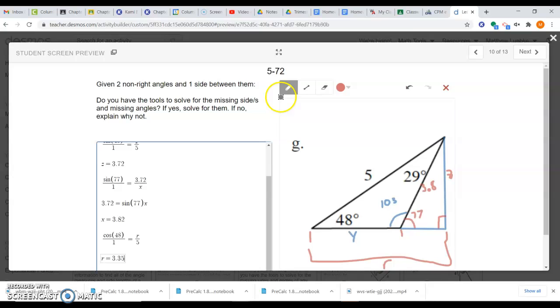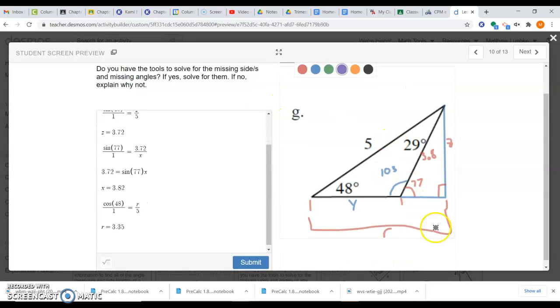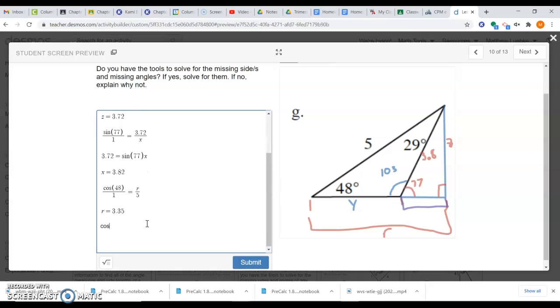Let's find this little distance from here to here. We'll change color so we can see it. What we're going to do there is use the 3.8 so we can use adjacent over hypotenuse of this triangle here. And so it's going to be another cosine problem. This time it is the cosine of 77 over 1, and I set it equal to the adjacent, which let's call w.